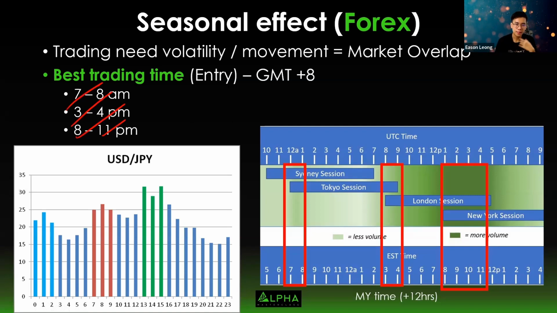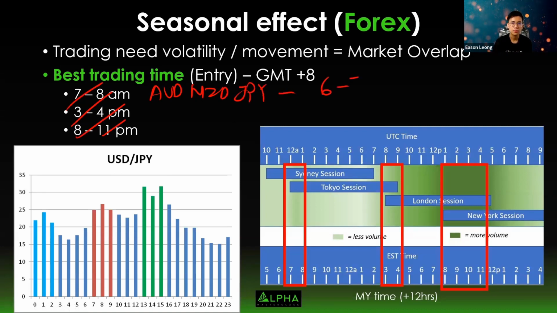The best time for you to trade anything related to AUD, NZD, and also JPY is 6 to 7 a.m. in Jakarta.